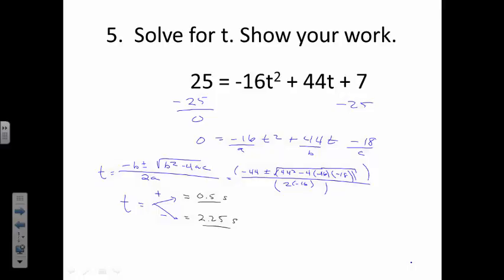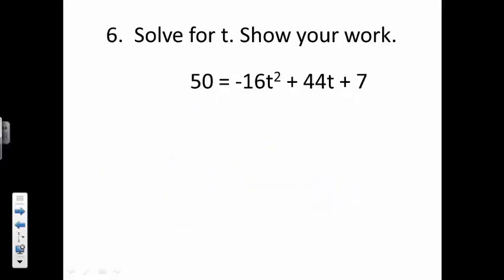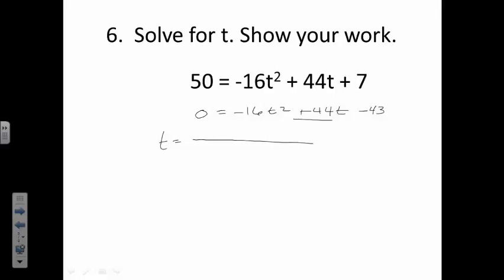The last problem is similar. Instead of having a 25 out front, we have 50. And so we're going to do the same process. We'll subtract 50 from both sides this time. And once again, we'll throw it in the quadratic equation. All right, so our B is 44. So we're going to get negative B, negative 44.